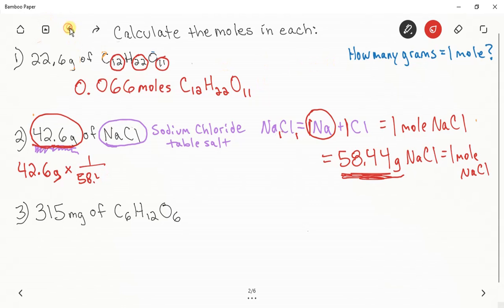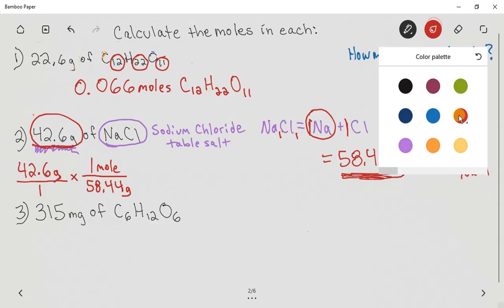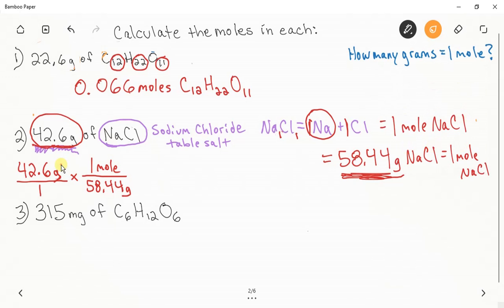So what I do is I make everything over something else. I make everything into a fraction, 42.6 over 1, and then I times it, and then 1 mole of sodium chloride is 58.44 grams. And so then we just multiply this together. So we just multiply straight across.